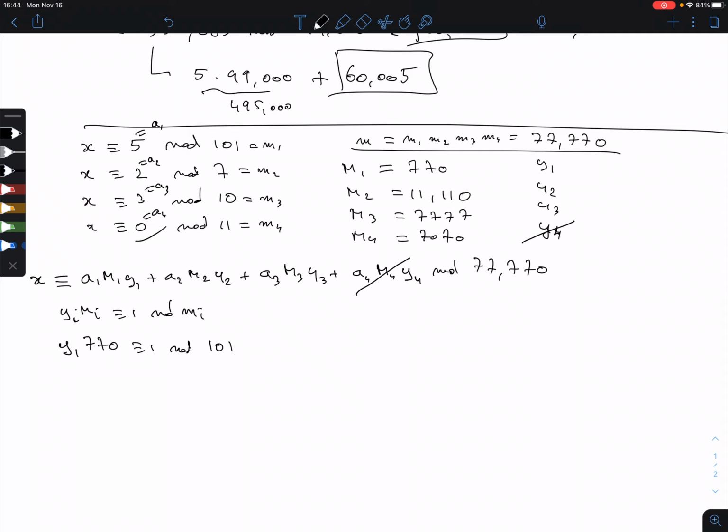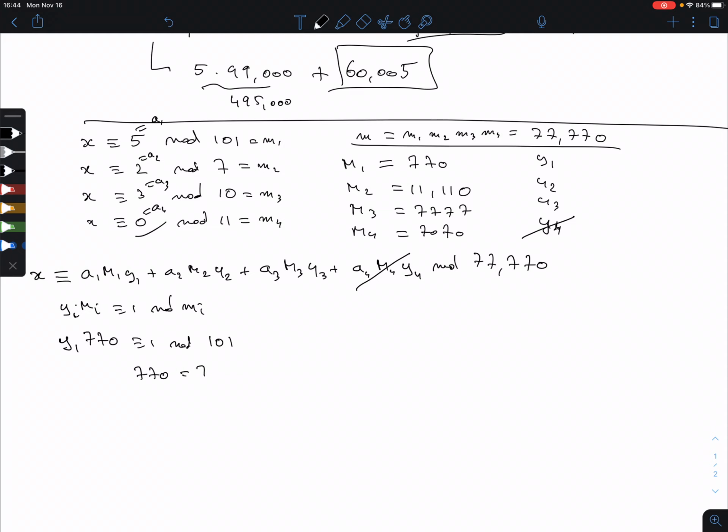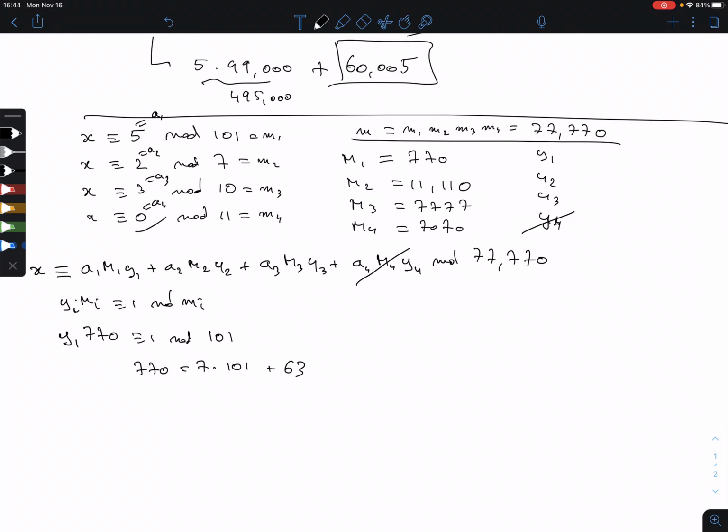We know that 770 is 7 times 101, that's 707, plus 63. So this is equivalent to 63 times y1 modulo 101. So we still have to find the inverse of 63 modulo 101.